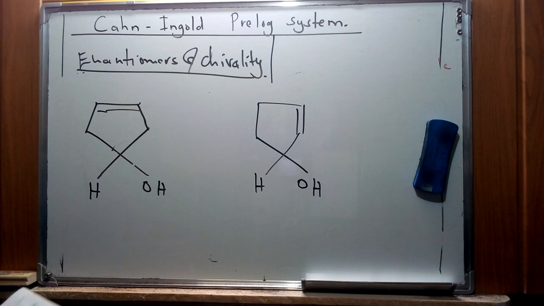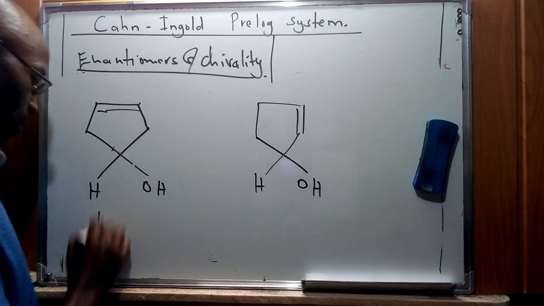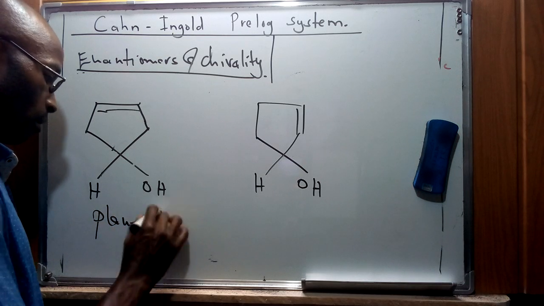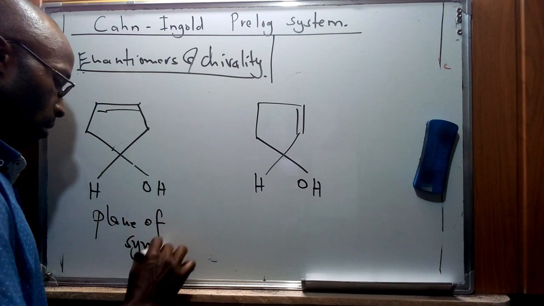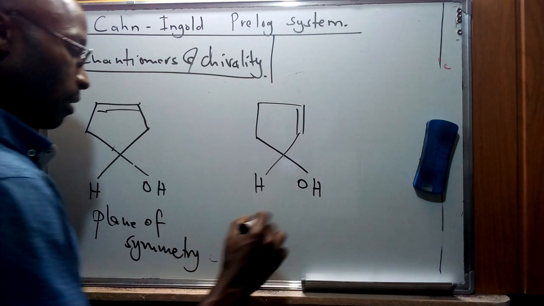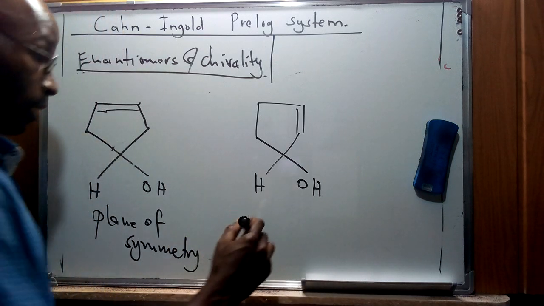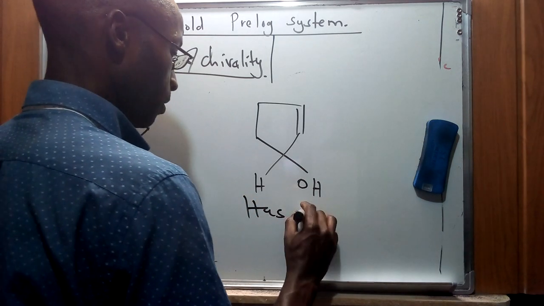Now if we try to look at the first and the second compounds, we can see that the first one has a plane of symmetry, and the second one has no plane of symmetry.